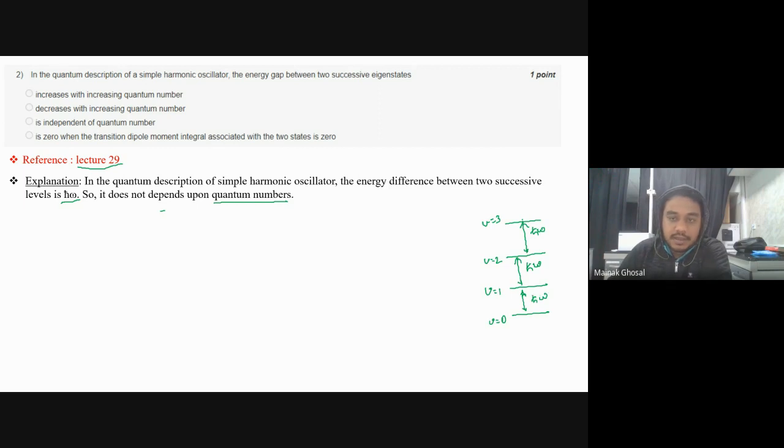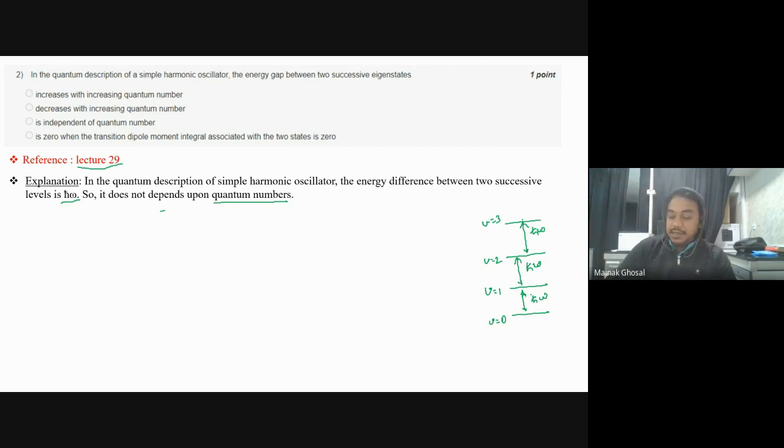You know from spectroscopy the energy of some vibrational levels, and if you just subtract, you will find the difference is h cross omega.